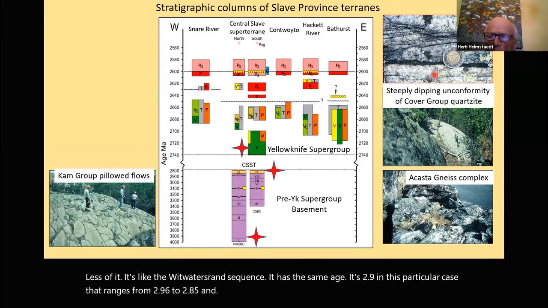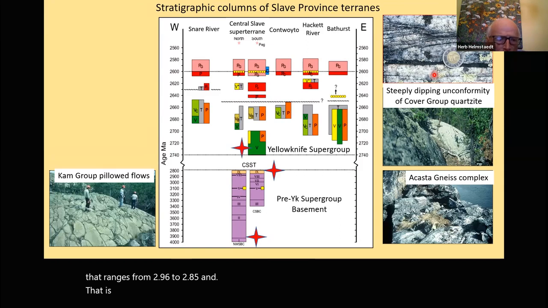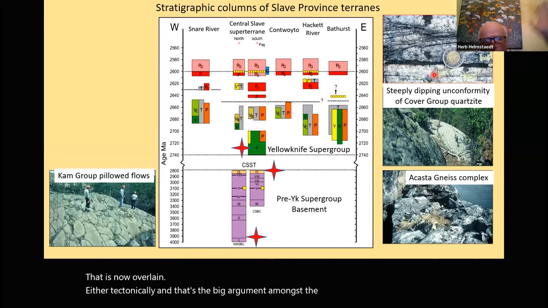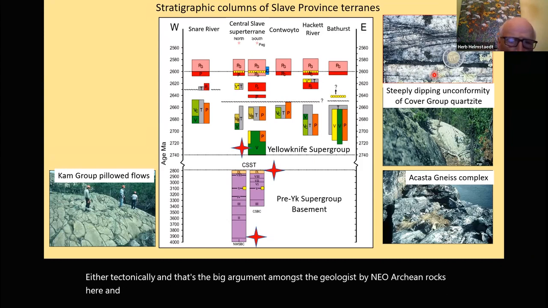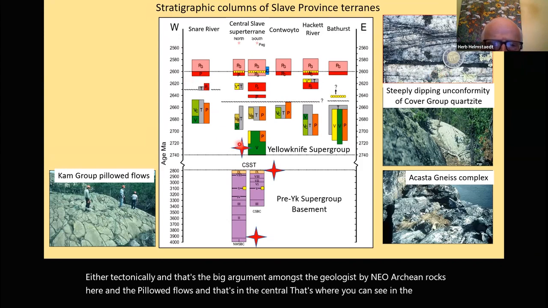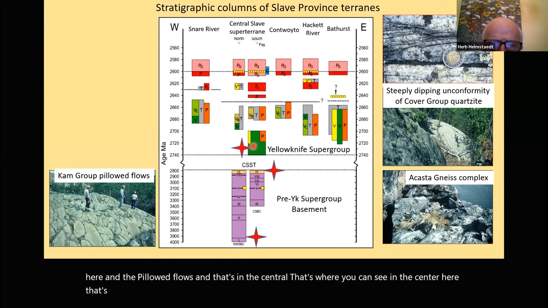And that is now overlain, either tectonically, and that's a big argument amongst the geologists, by Neo-Archean rocks here, the pillowed flows, and that's in the central part. That's where you can see in the center here, that's probably that age. These volcanic rocks are 2.72 and slightly younger.